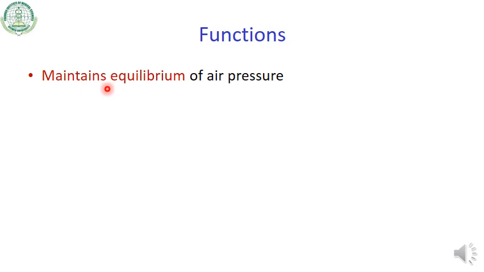Now coming to the functions of the pharyngotympanic or the auditory tube. It maintains the equilibrium of air pressure on both sides of the tympanic membrane, that is in the external ear cavity, which is called the external acoustic meatus, and the middle ear cavity, which is called the tympanic cavity or tympanum.